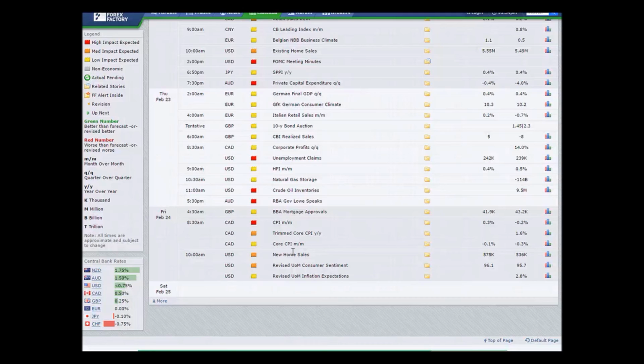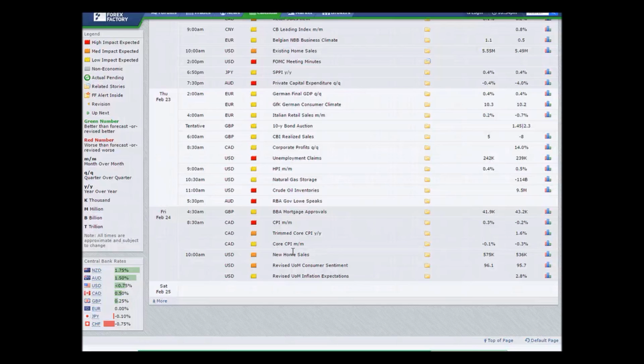At 8:30 Friday, our last high impact item is Canadian CPI, expected to rise from negative 0.2% to 0.3%, and that could give the Canadian dollar a needed boost. We also have some low to medium impact items: new home sales in the U.S. at 10 a.m. and German core CPI year-on-year.